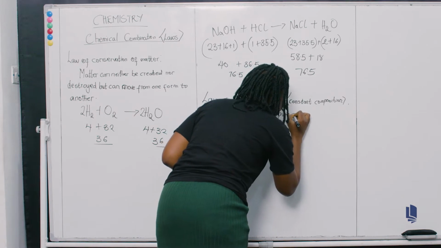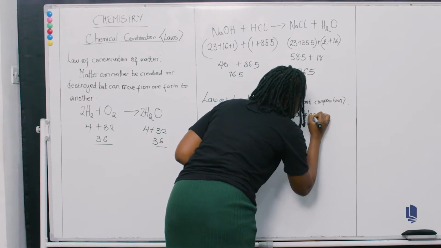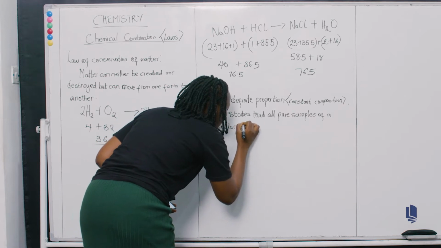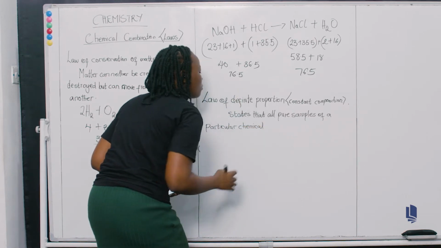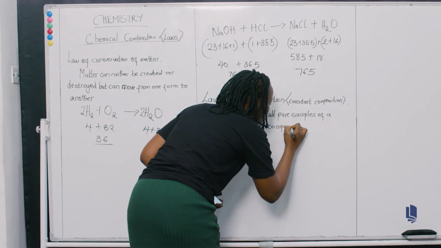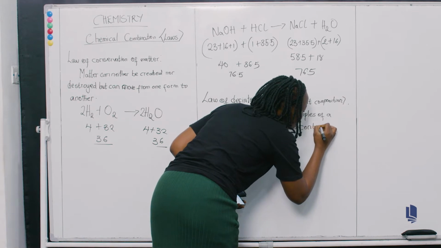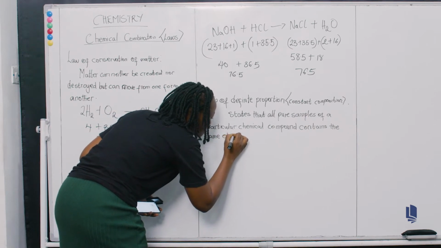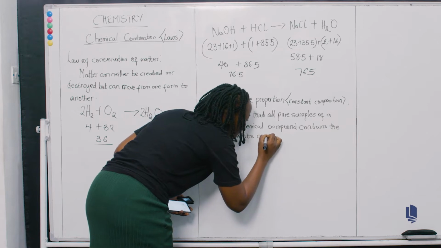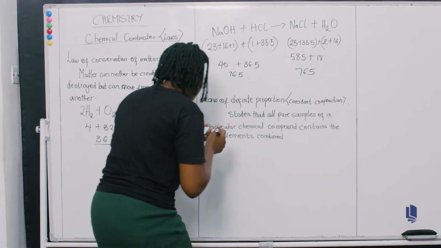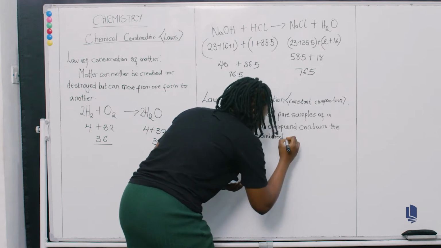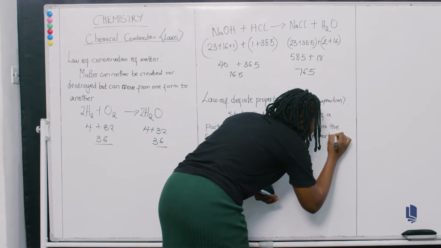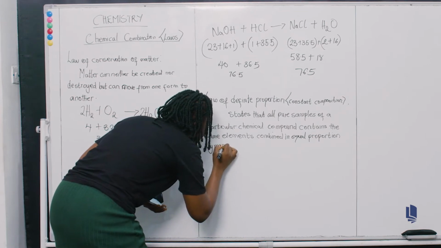All pure samples of a particular chemical compound contain the same elements combined in equal proportion by mass. Let's take that together.